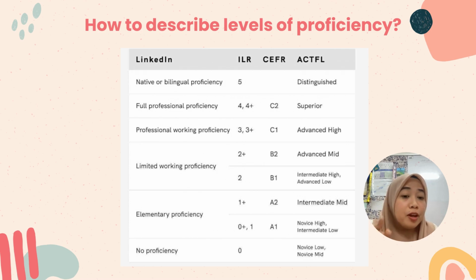If you have taken your MUET, you can Google your band level equivalent to the CEFR level, so that you can put the CEFR level band, C1 for example, or B2. Or you can opt for the description of it. You can say native, you can say professional working proficiency. Those are the words for you to describe your level of proficiency in different languages.